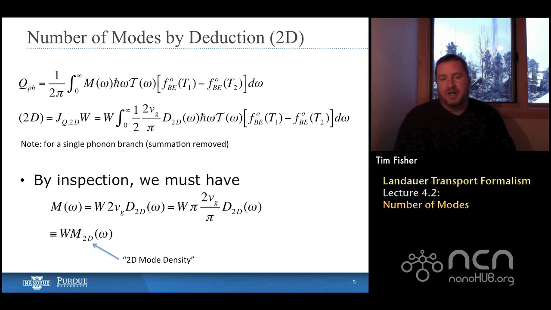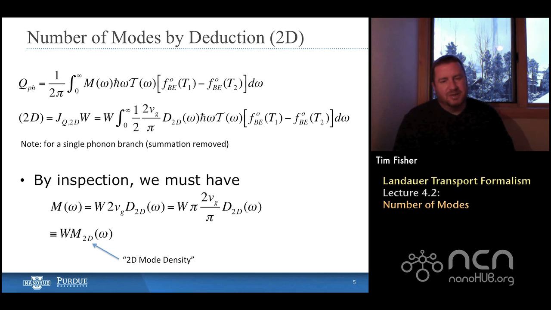That's what 2 over pi does for us, because 2 over pi is the average of cosine theta in the x direction. And so what we find is that we can express this number of modes as a collection of width, so there's a length scale to it, there's a velocity, and in this case we'll think of that as an average velocity, and our density of states.